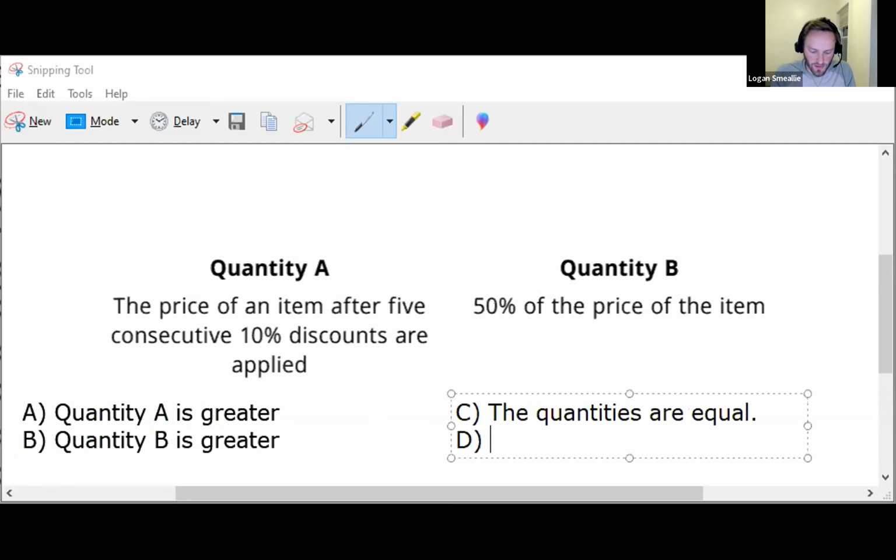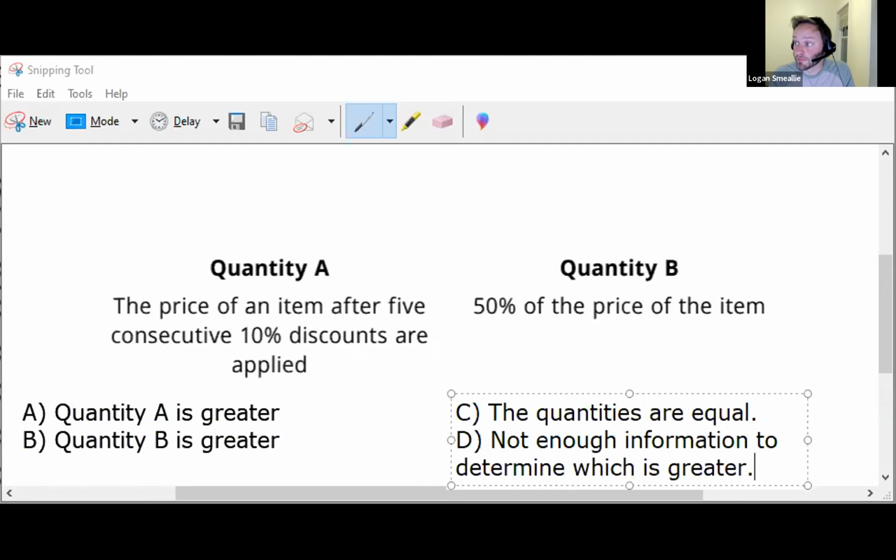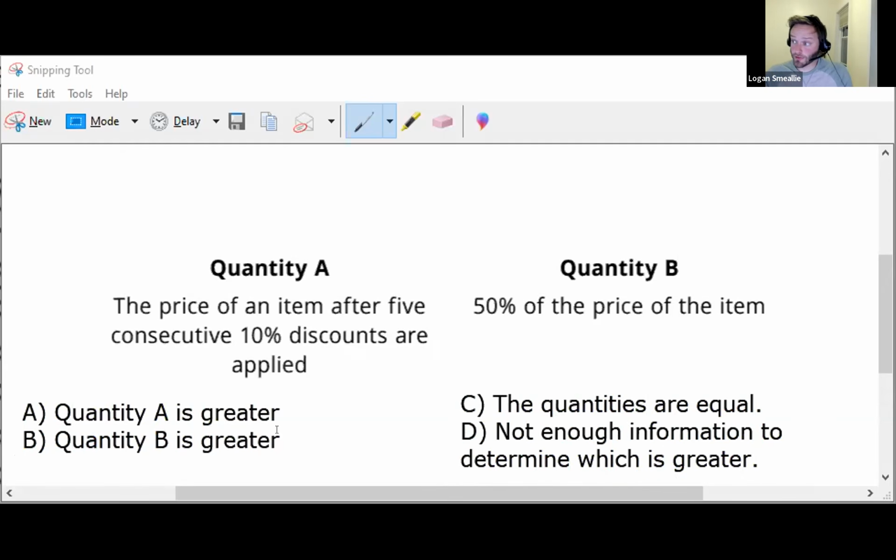And D means not enough information to determine which is greater. Always the same answer options on this style of question. That's why we didn't have them written in the book. But give this one a shot. Let me know in the chat, A, B, C, or D, once you get a chance to try this one.